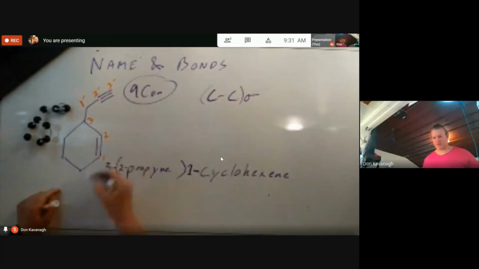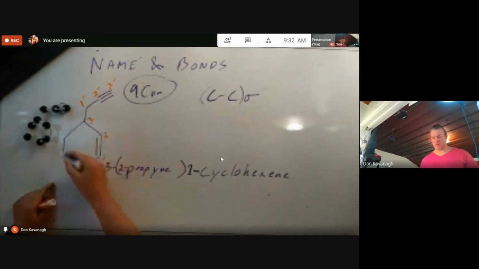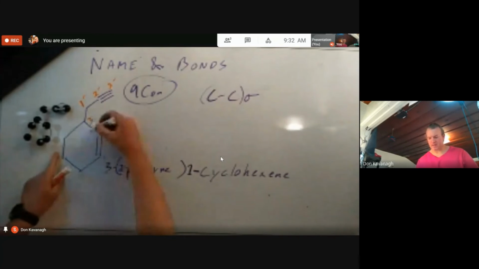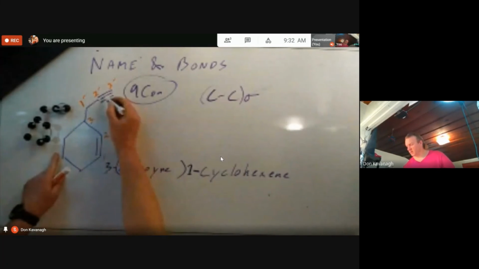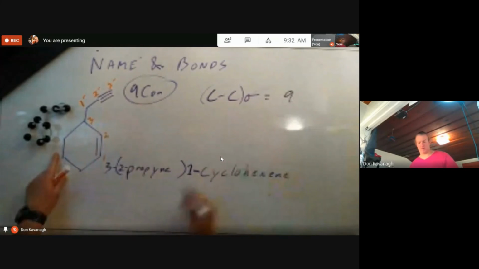The first bond any atom forms is going to be a sigma bond. So in this ring there's 1, 2, 3, 4, 5, 6 sigma bonds here, 7, 8, 9. There are 9 carbon-carbon sigma bonds.